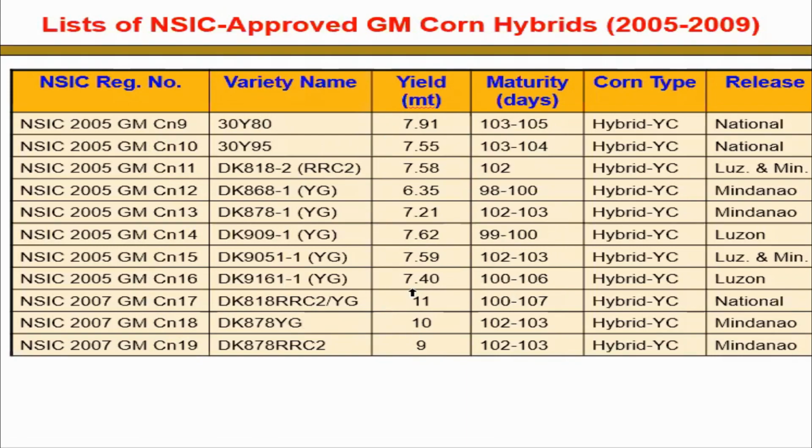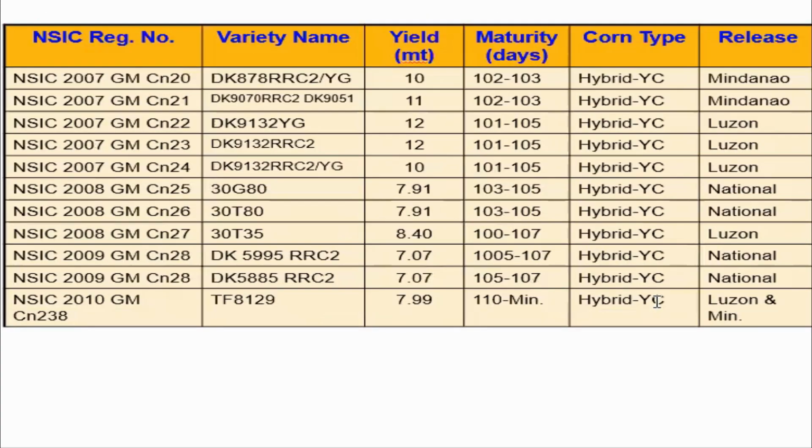And they have the yield, the maturity days, the corn type, and the release. Okay? So these are all the NSIC approved GM corn from 2005 to 2009. We also have the continuation of this, a different type of corn variety, insect registration, from the national, Mindanao, and Luzon nationwide testing areas.